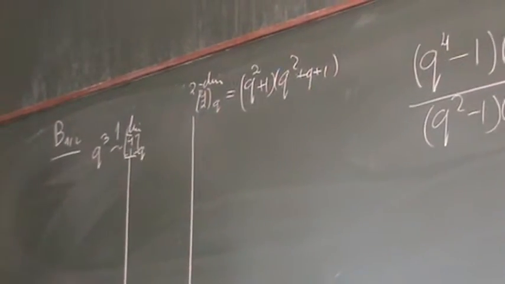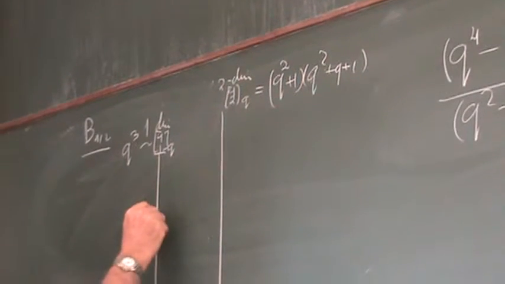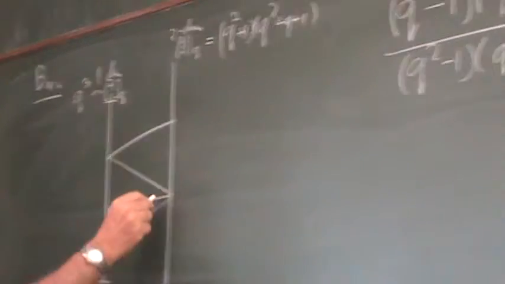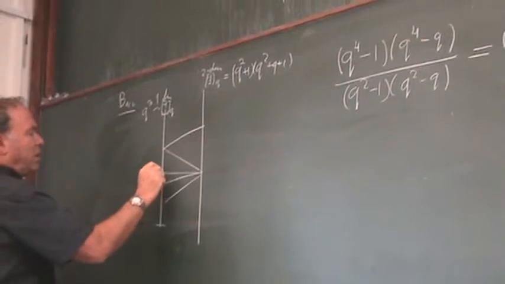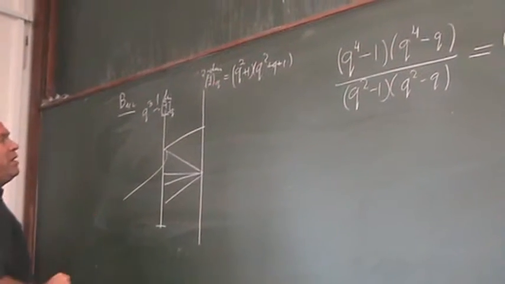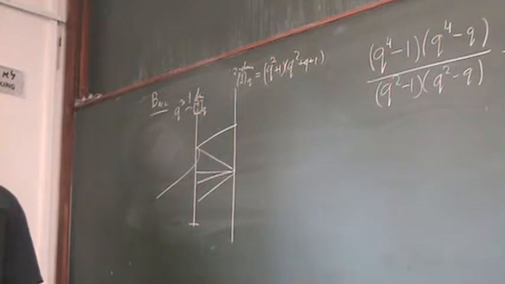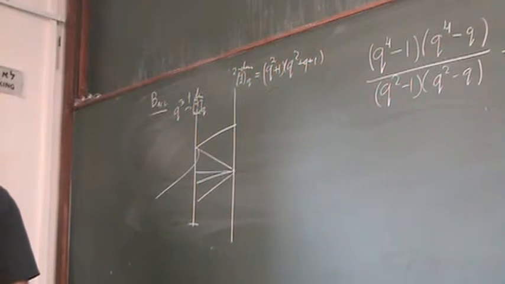Now let's see what the degrees are here and what the degrees are on this side. So the degree here is, given a vector space W of dimension 1, how many vector spaces of dimension 2 are there which contain that one?